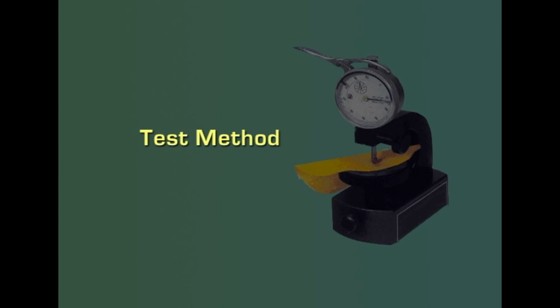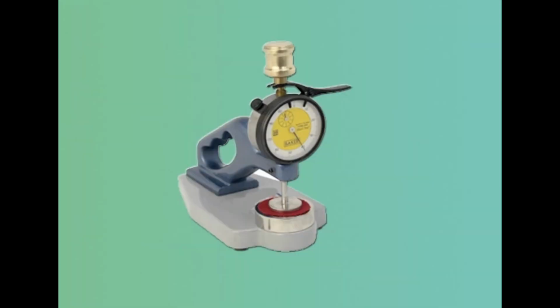Coming to the test method, the pressure foot and anvil should be cleaned by drawing some clean paper between them. After cleaning, the gauge is set to 0 and any required weights added to the pressure foot column. No special specimen preparation is required, except that the selvages and creased areas should be avoided. Where possible, the material is tested in a standard atmosphere after conditioning for 24 hours.